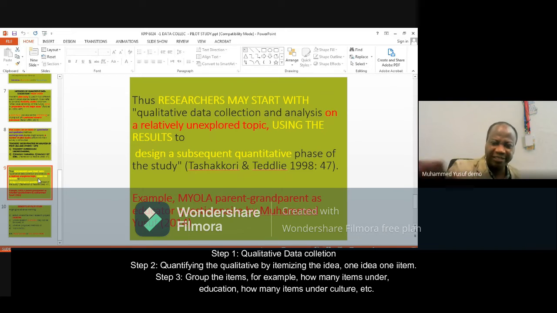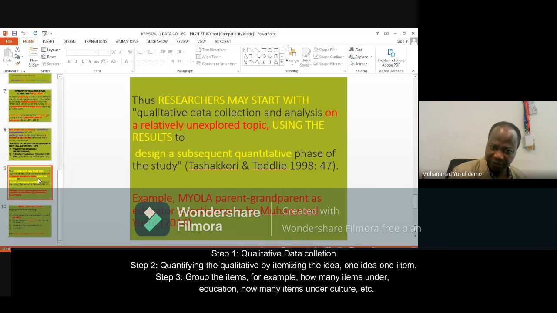I explored it. Remember, by the time I do definition of qualitative research, I told you the most important aspect of the qualitative research is to get rich information, in-depth information. You get the point? So therefore, when I gather all this information together, I have to itemize it one by one.